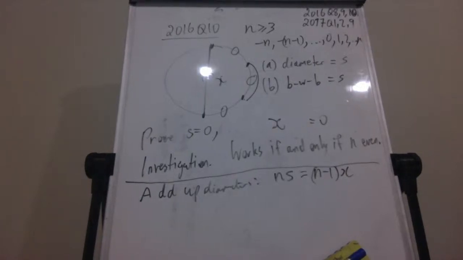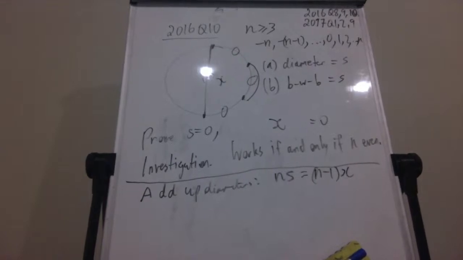Is it obvious that s has to equal x? No, there are a few possibilities. There's minus 1 as well. That could quickly work. So if you add up diameters, what about the edge points? Black, white, black.